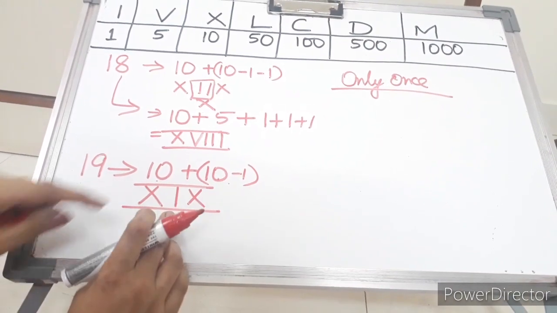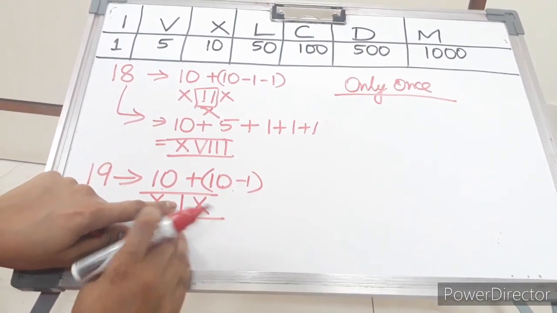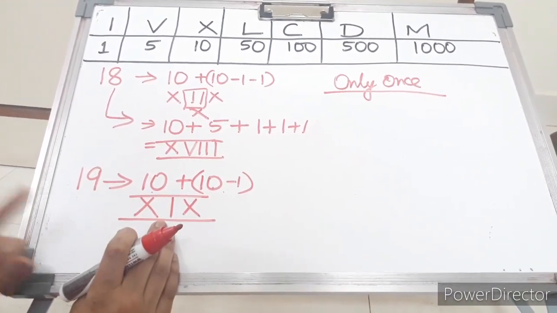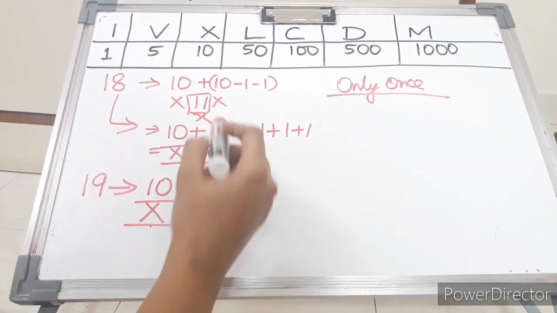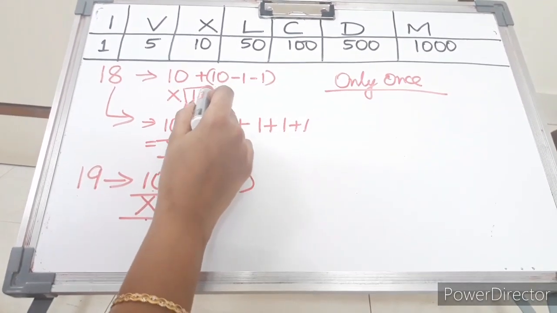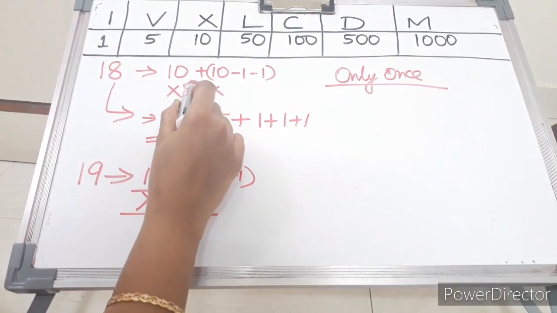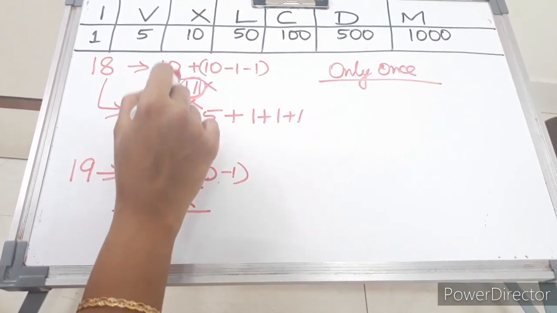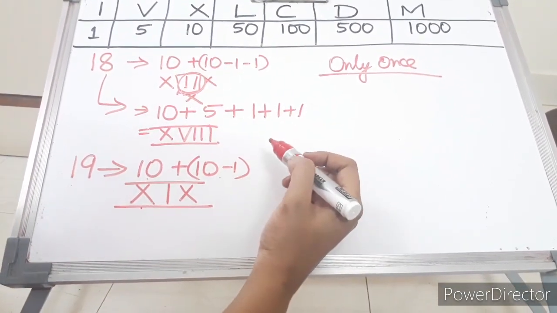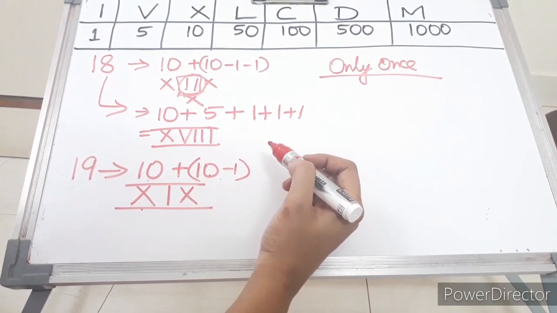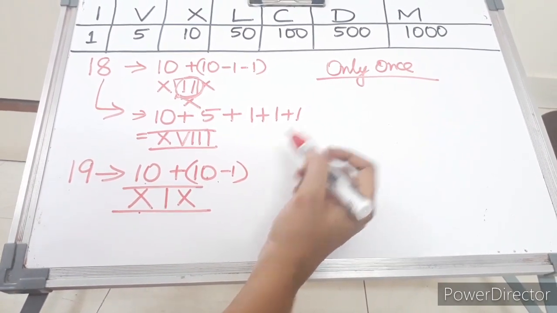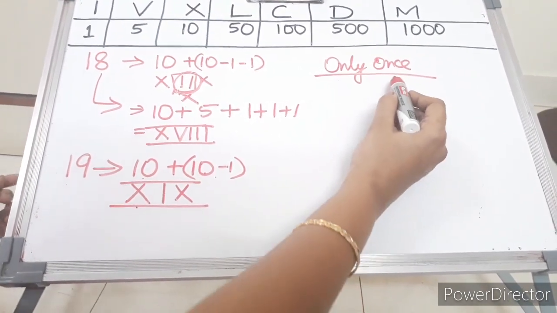So here you can see 1 is subtracted only once. So this is correct. But here the symbol is coming 2 times on the left of the greater value. A smaller value cannot be repeated, cannot be subtracted twice from the greater value. It is subtracted only once.